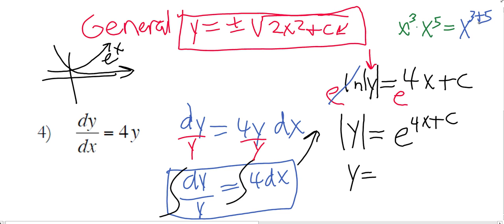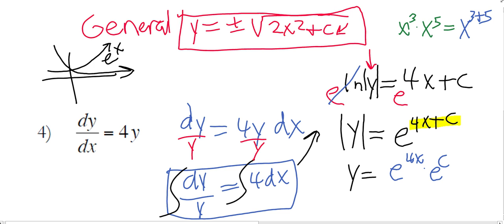So we have a similar setup down here where we have e to the 4x plus c. In order to separate that c from the 4x, I can rewrite it like this: e to the 4x times e to the c.